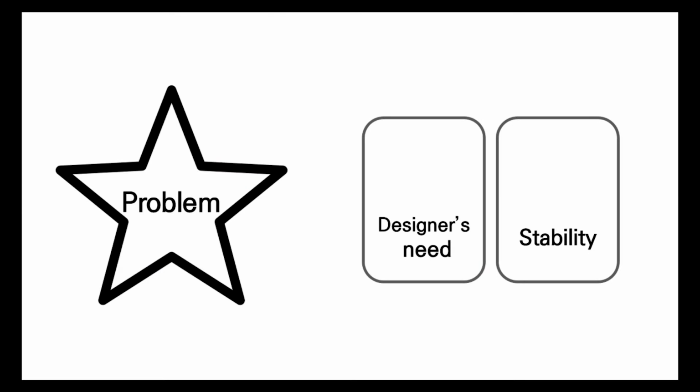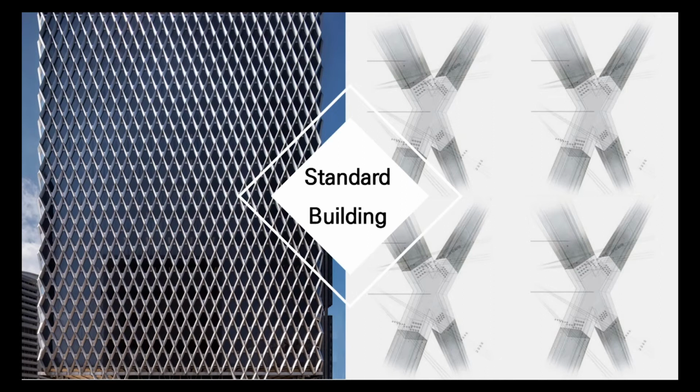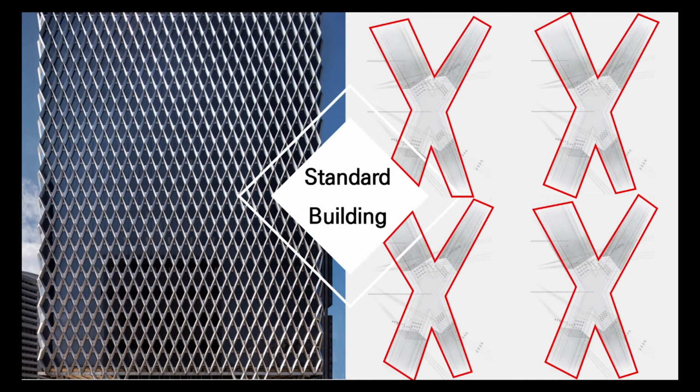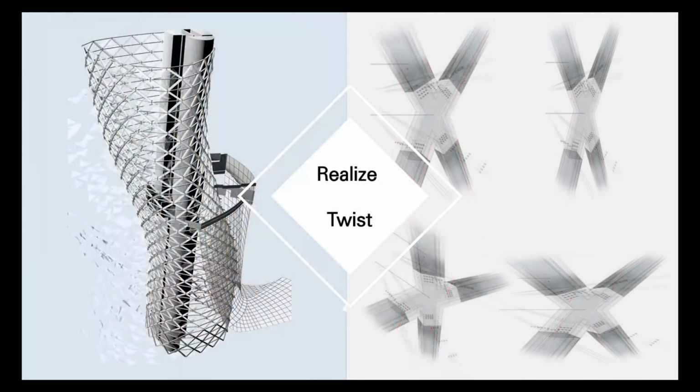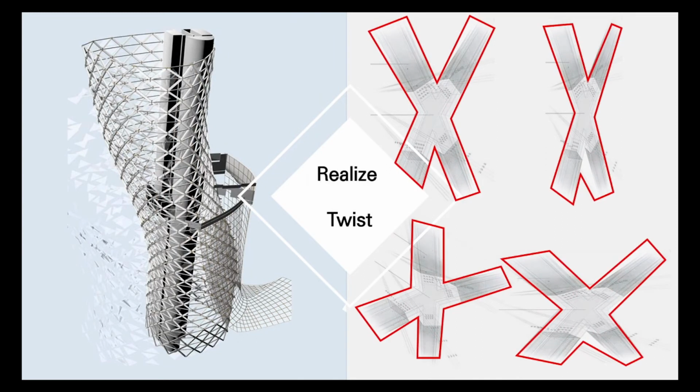The problem was that they had to fulfill both the designer's needs and the structural engineer's responsibility to secure the stability. If it were a normal standard building, they could use the same diagrid with uniform size and angle, but to realize the twist, it was indispensable to use all different diagrids with unique geometric shapes.